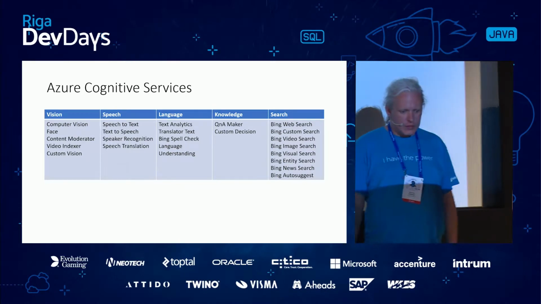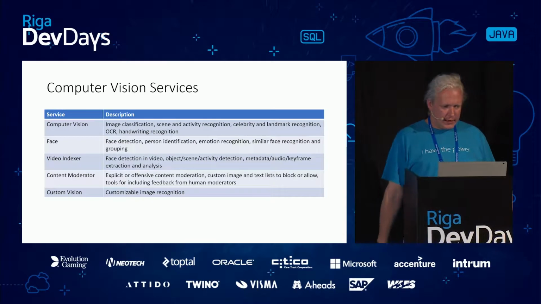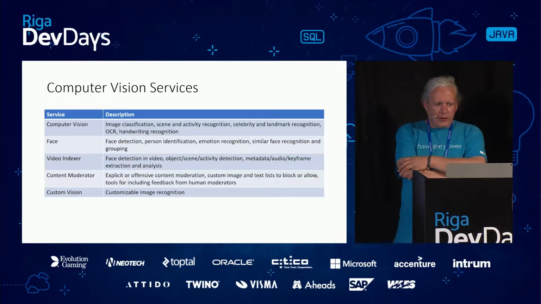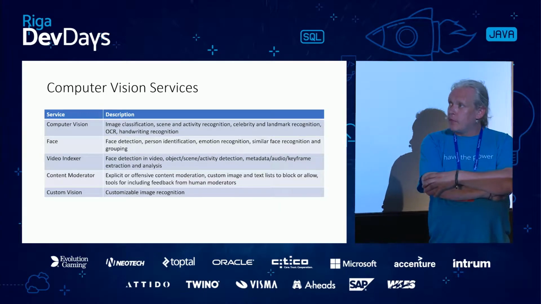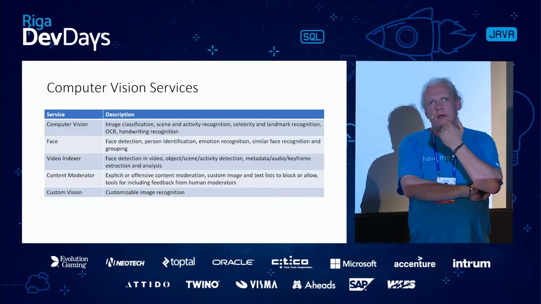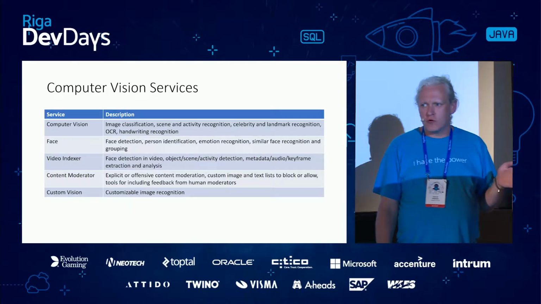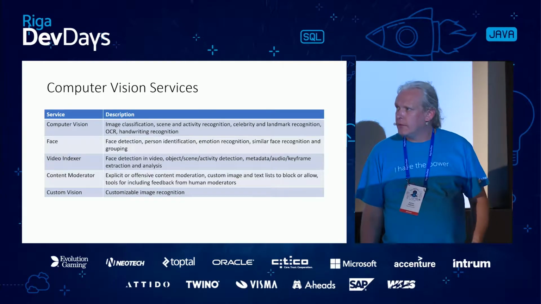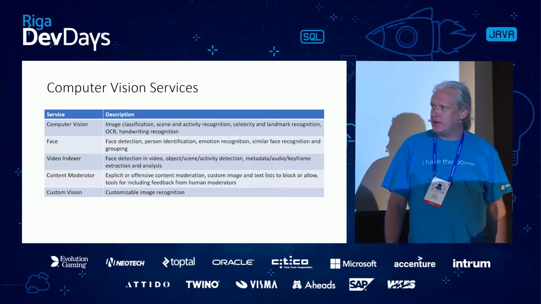I am focusing on the vision side. So, on the vision side, this is the offer. Computer vision and face are the most, how I say, complete services, although there is room for development. Video indexer is actually working fine.